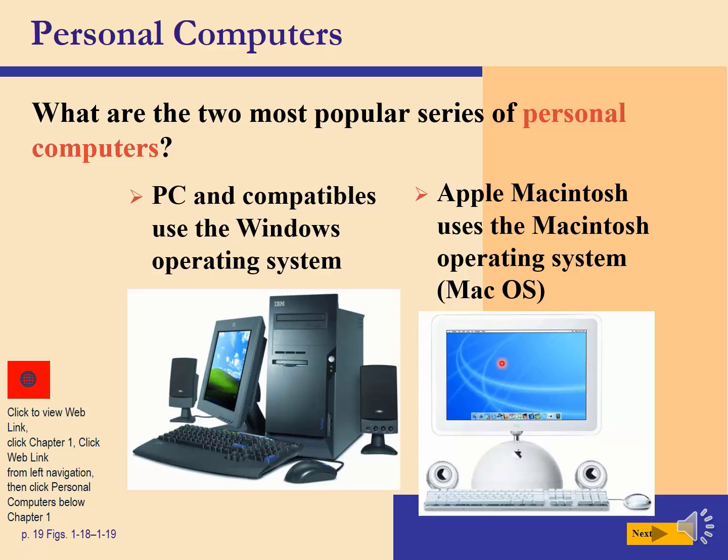Here, the Apple company made the Apple Macintosh, which uses the Macintosh operating system called Mac OS. That is what is called specific to this device. This operating system is specific to Macintosh devices.